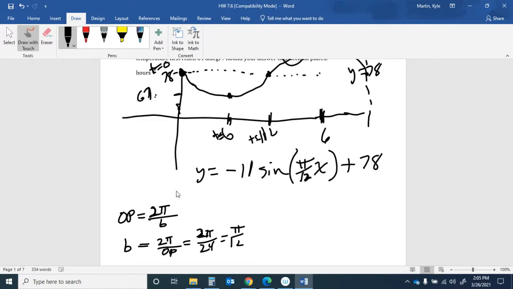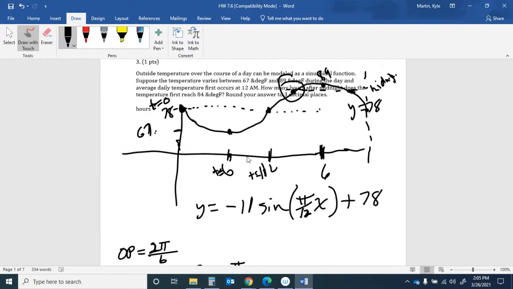And basically what we want to know is, when does the graph of this function intersect this horizontal line, y equals 84? Because that's what I'm looking for, an output. Remember, in this problem, the output, the y values, are degrees, the temperature, and the input is the number of hours that have passed since midnight.